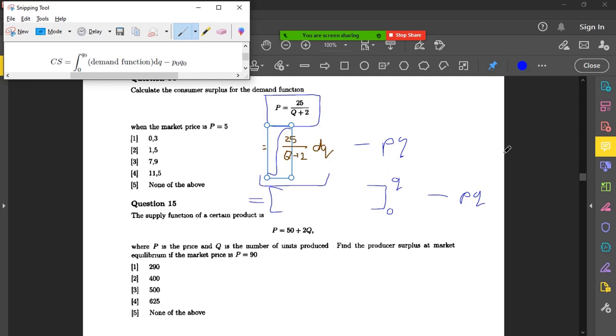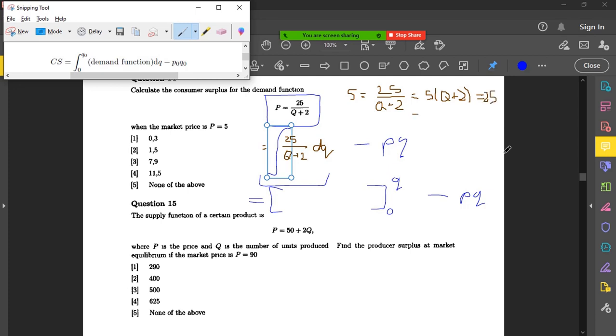I didn't read that. Okay, so maybe do that working. 5 equals 25 divided by Q plus 2. Okay, so that means 5 times Q plus 2 equals 25.